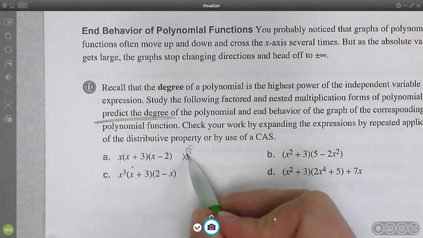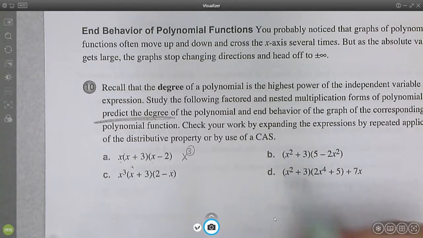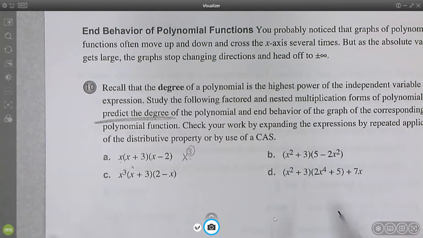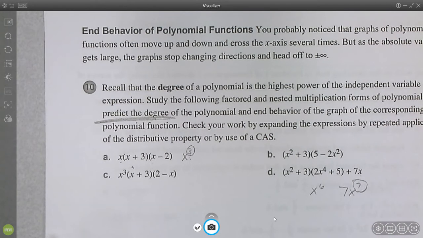Your degree is going to be 3 because that's your highest power. If we look at this one, you're going to have x squared times x to the fourth. That's x to the sixth. But when you're done multiplying these together, you're going to take x to the sixth times 7x, which is going to give you 7x to the seventh. So on this one, your degree would be 7. It's your highest power.